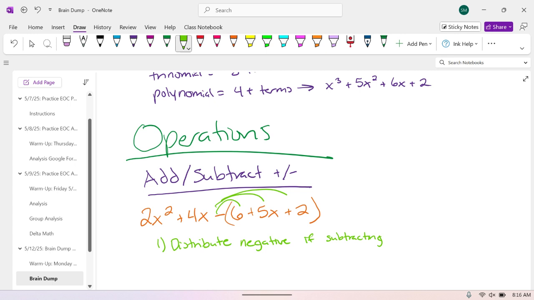So you would do that first. And then combine like terms.